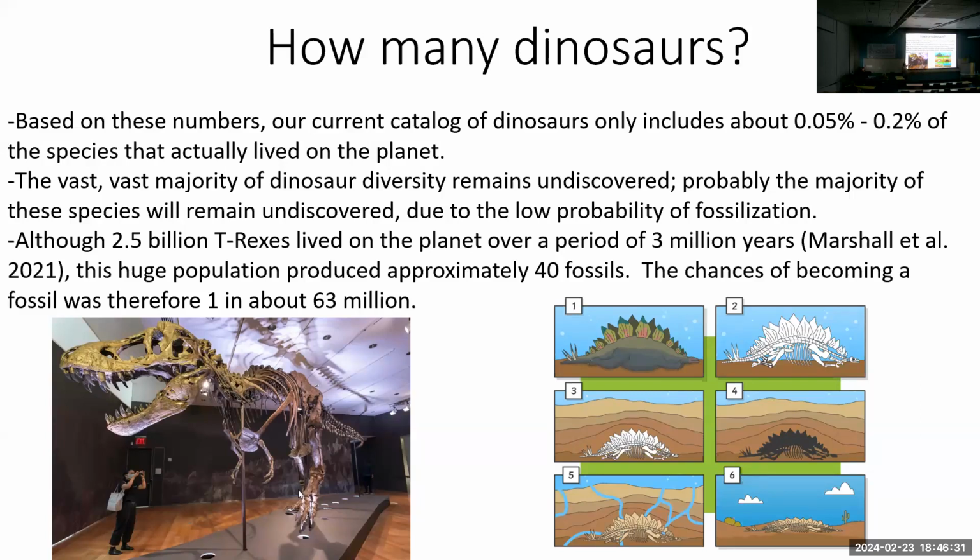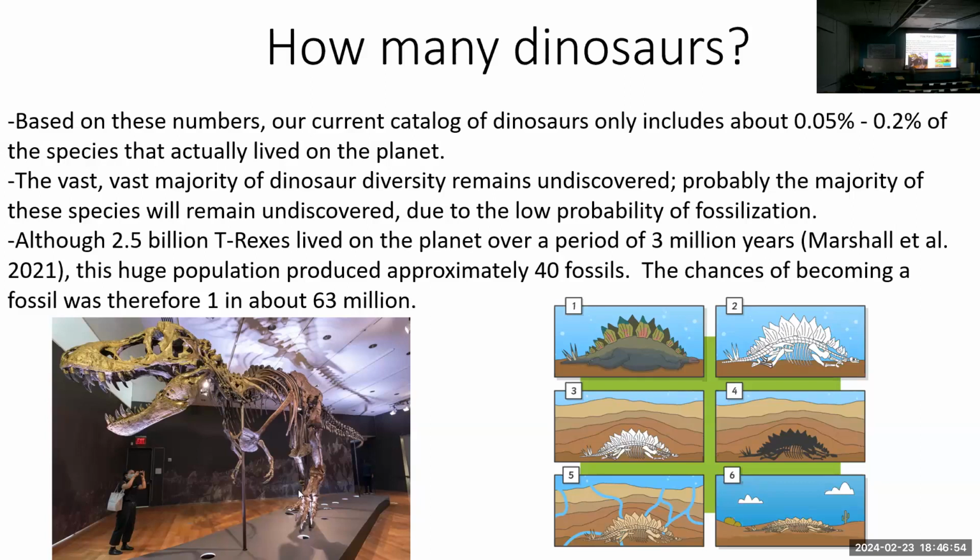So a recent study hypothesized that about 2.5 billion T-Rexes lived on the planet. So it was actually a very common dinosaur over the 3 million years that this species existed. But this huge population, 2.5 billion T-Rexes, only produced about 40 fossils.